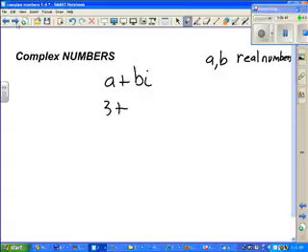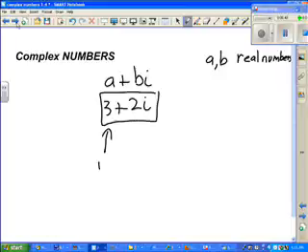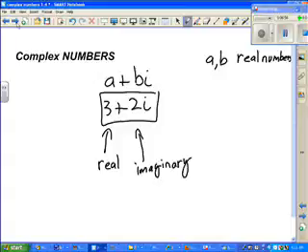Example: 3 plus 2i. That is a complex number because we have a real part and an imaginary part.